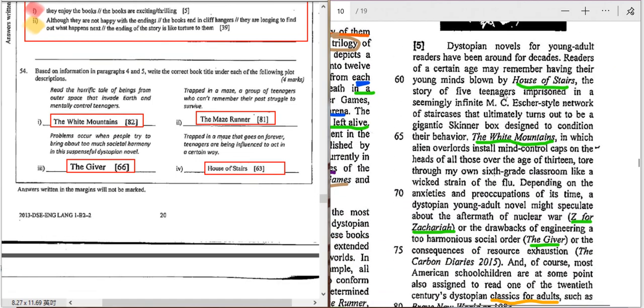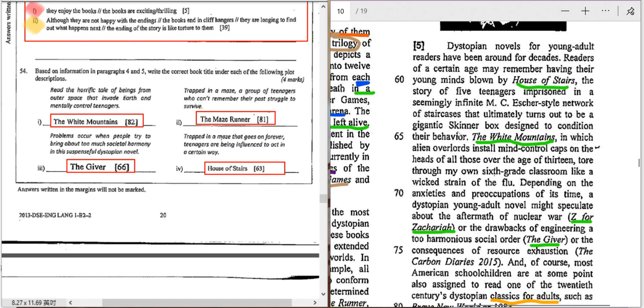Now with the house of stairs, well, is the word maze again there to distract you? But if you go to line 60, five teenagers imprisoned in a seemingly infinite network of staircases.